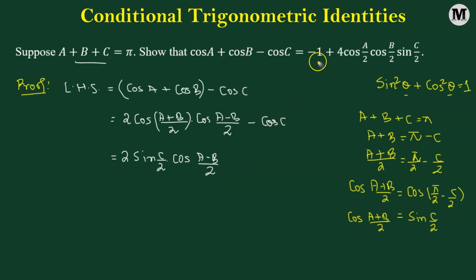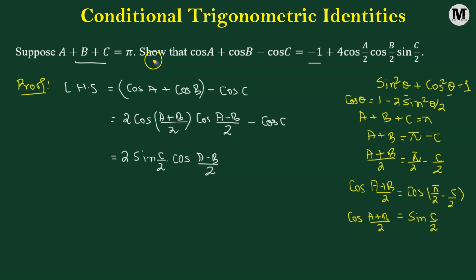If we look at the expression on the right hand side, we need a -1 here. To make it -1, we're going to use a half angle formula which is already defined for cosine theta. Cosine theta is given by 1 minus 2 times sine squared of theta over 2.